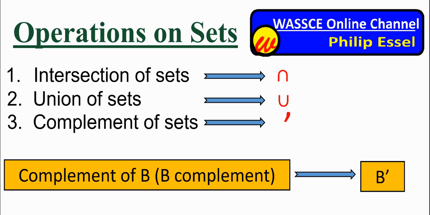So we have the B followed by the apostrophe sign. Please, I'll need you to remember these symbols. They are very important. In fact, we'll need them in our next lessons.